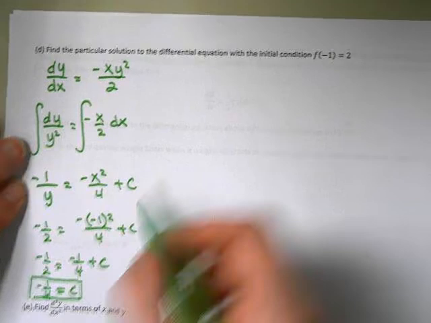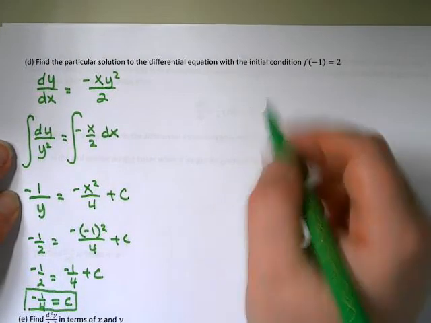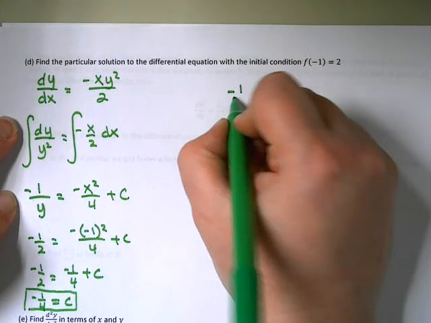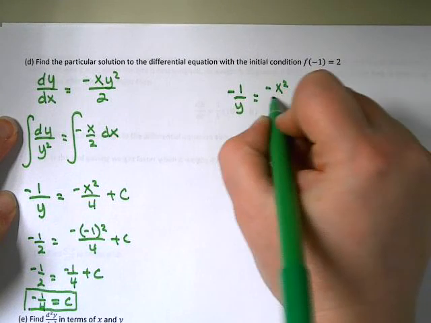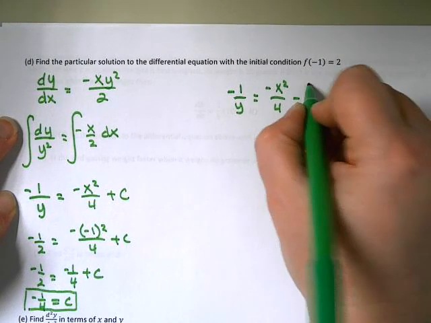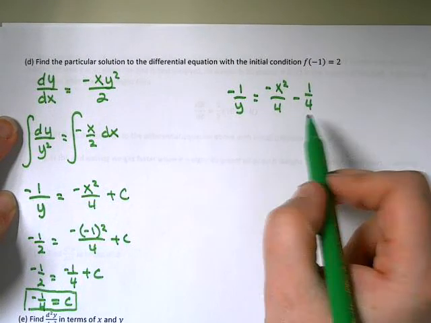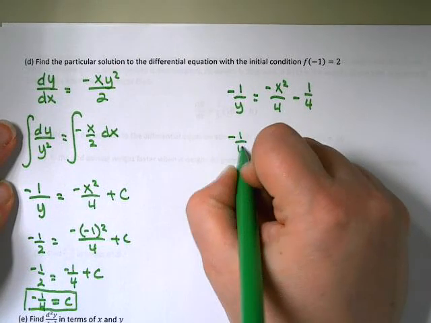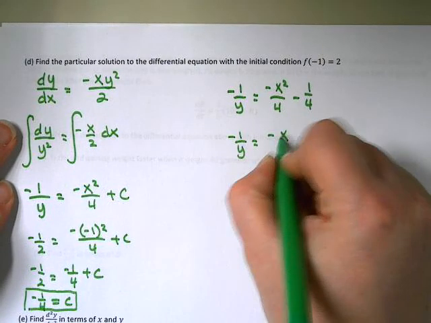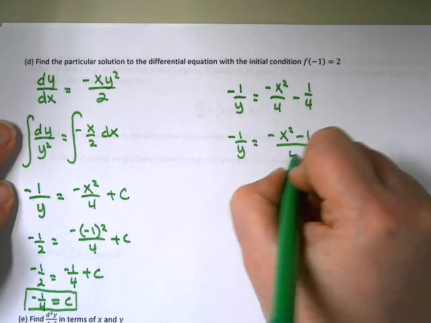So I'm going to go back up here, but I'm going to go all the way up to the top so I've got some room to work. But negative 1 over y equals negative x squared over 4 minus 1/4. And we can see already that that's a common denominator, so I'm going to go ahead and put those together. So negative x squared minus 1 over 4.